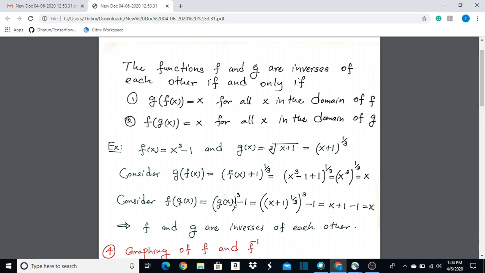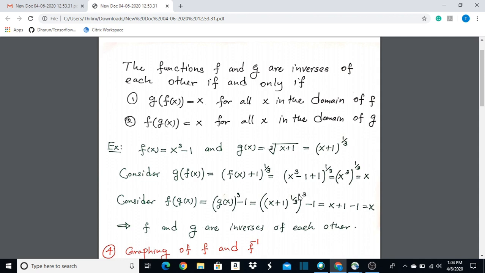What is g? g is x plus 1 to the power 1/3. So I'm replacing g(x) by x plus 1 to the power 1/3, and then we take another third power coming from the f function, and we have minus 1 on the outside.